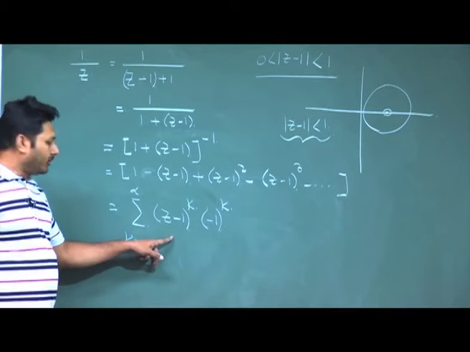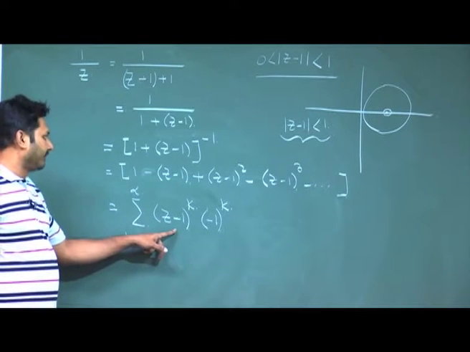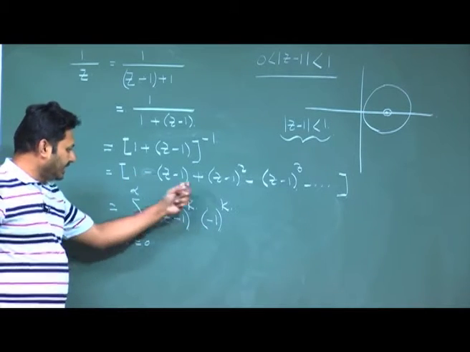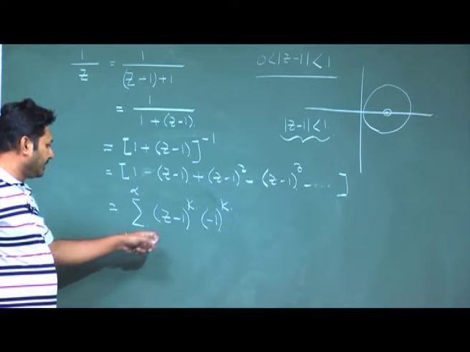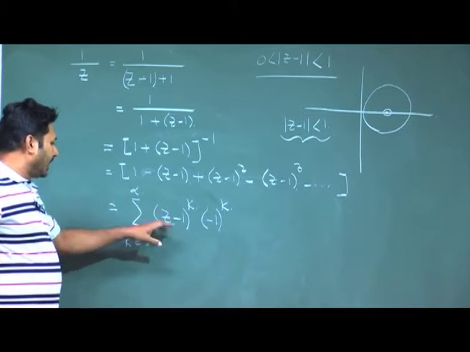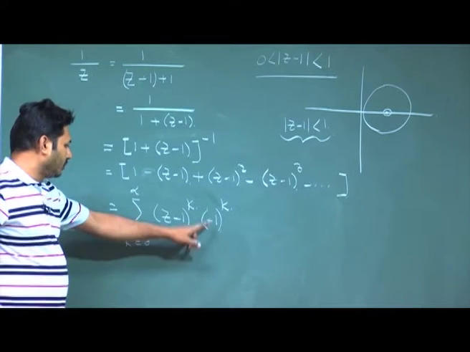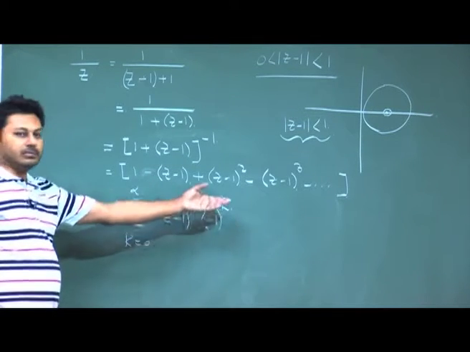This is the summation form I have. For 1 by z I calculate, and I find the sign is repeating. When k equals 0 this is 1, when k equals 1 this is minus 1, when k equals 2 this is 1, and so on.